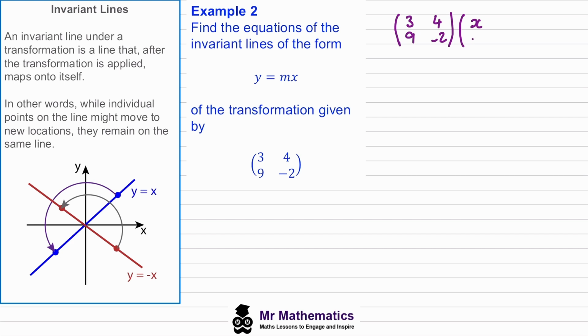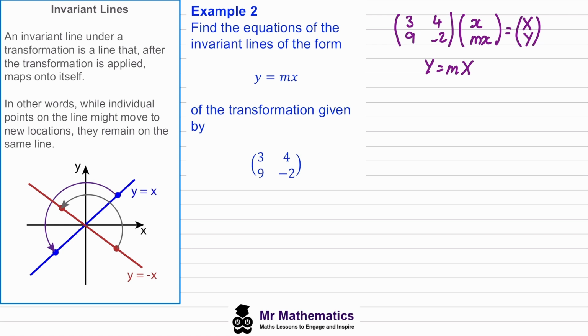So for our y value, we have mx. And this will equal the line that the image falls on, and we'll call this big X and big Y, where Y is equal to mx.